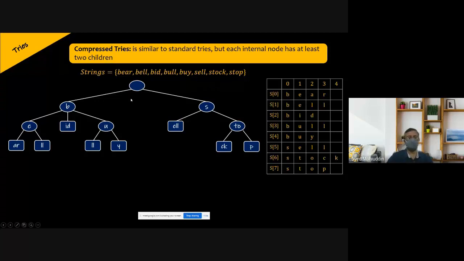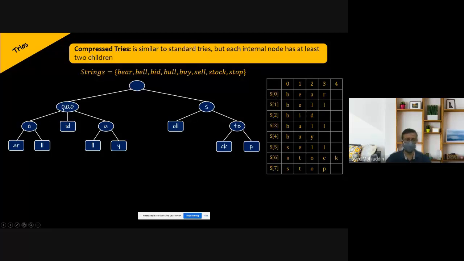Now we can represent the compressed trie using integers or indices. We will replace the letters with indices. The first index represents the index of the string from where that letter was derived. The first index is 0. Why? Because we have the first B, and this B was created for the first string, with index 0.